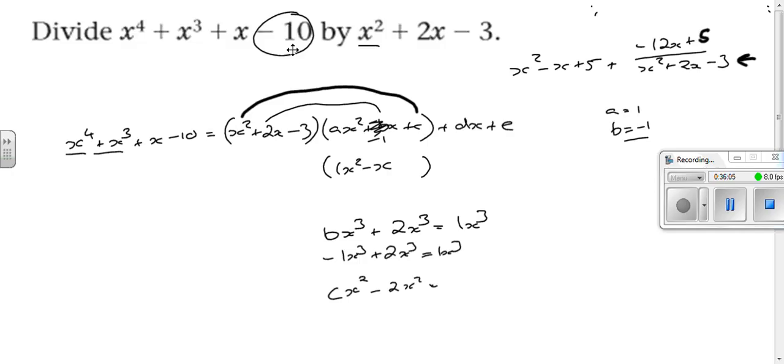That has to equal 0x squared. So, oh no, sorry, my mistake. Let's go through that again.